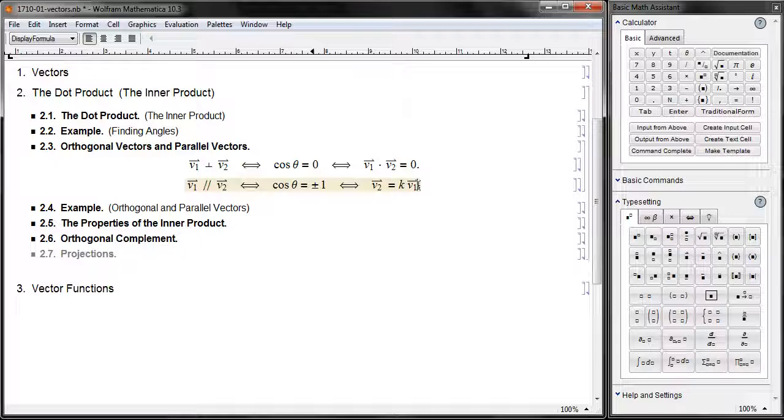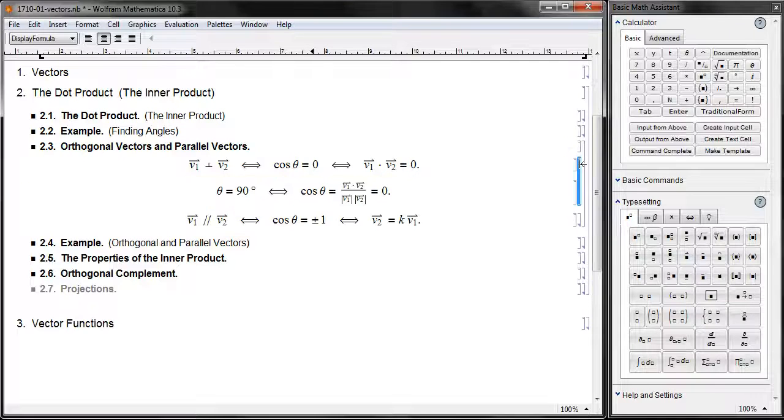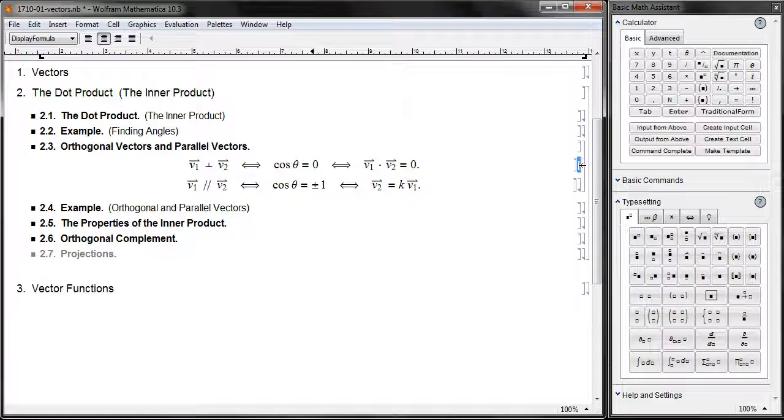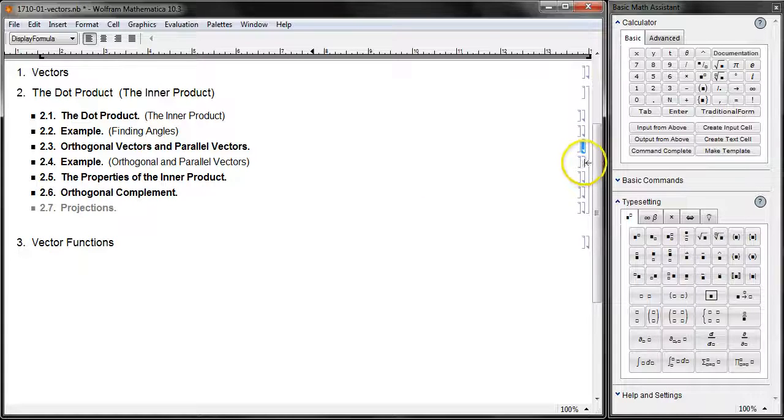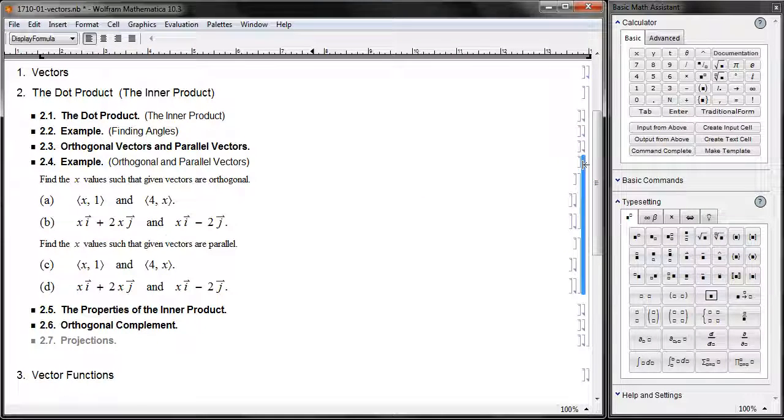One vector is scalar multiplication of the other. If k is positive, then the same direction, so the angle is 0. If k is negative, then the opposite direction along the same line, so theta is going to be 180 degrees. Here's no visualization, it's an algebraic proof. That too is an algebraic proof. Okay, orthogonal and parallel vectors.